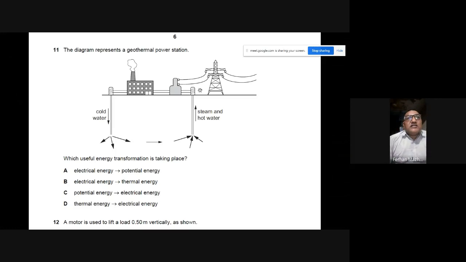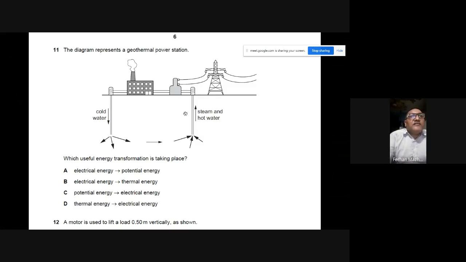That steam is used to rotate the turbines, and those turbines run the generators, and the generators produce electricity. So you see the final energy form is electric energy, and during that, thermal energy was used. So D is the option: thermal energy is converted into electric energy.